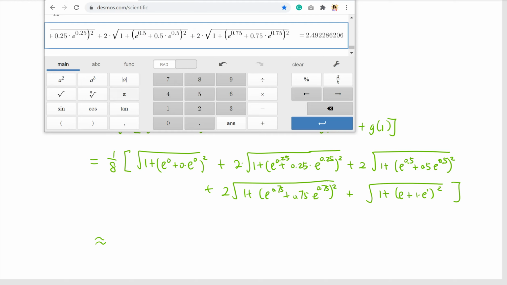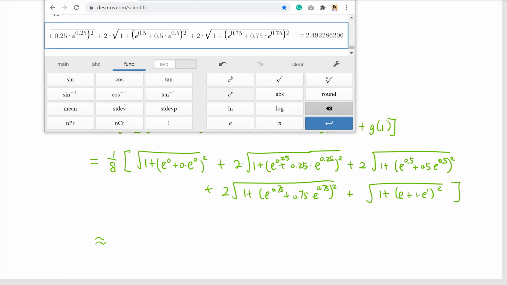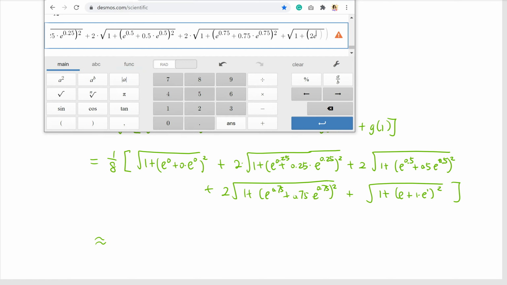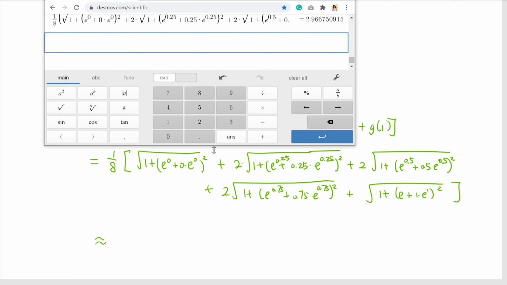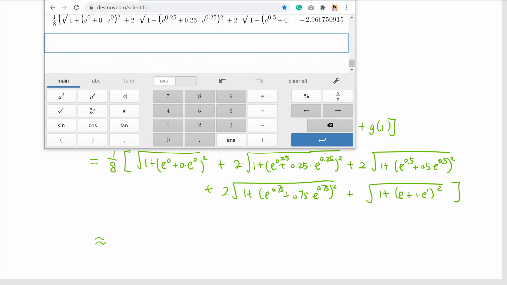I know this is 2e, but maybe replacing by 1 is faster. Okay, e and squared. Okay, so what is the answer? Oh, I forgot to close it. So far, so good, everybody. So the answer is 2.966750915.